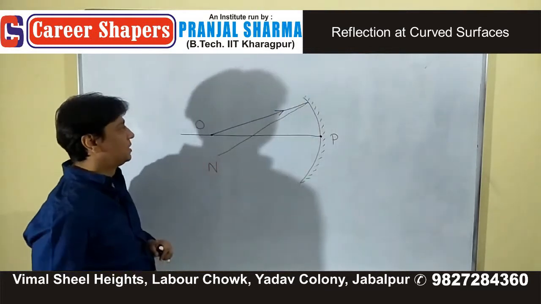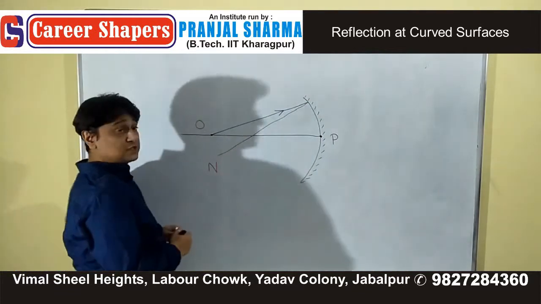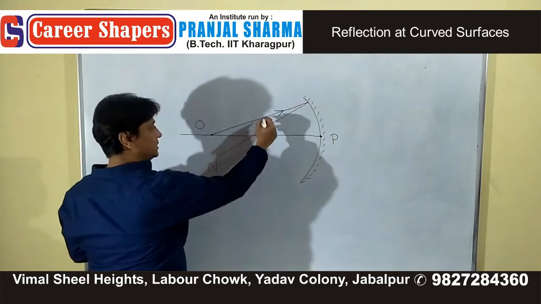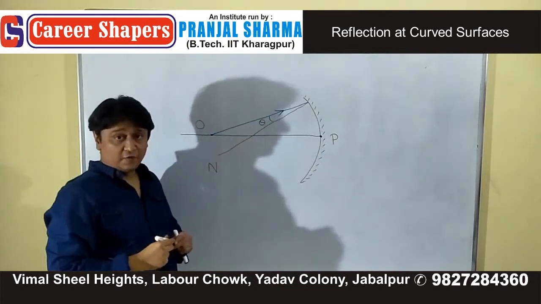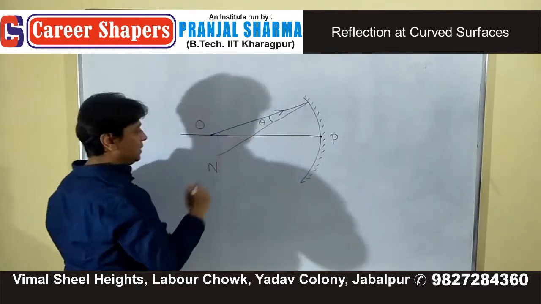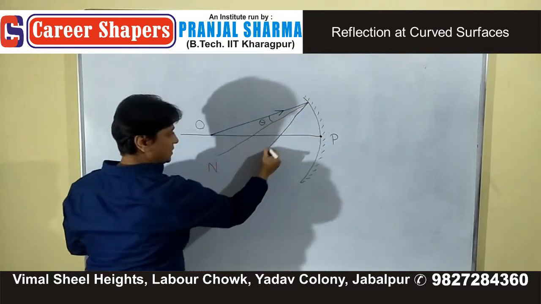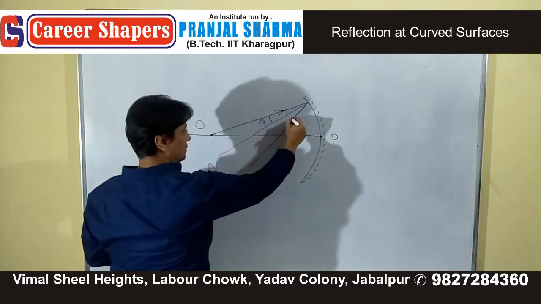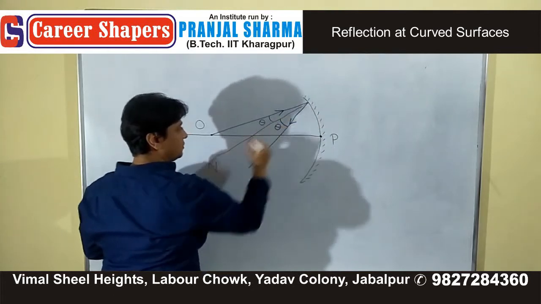And if the angle of the normal with this incident ray is theta, then the reflected ray which we get will also make the same angle theta. And this is the reflected ray. This angle is also what? Theta.